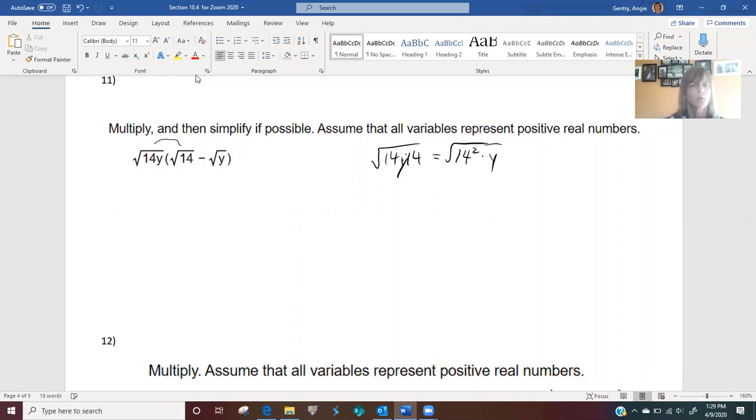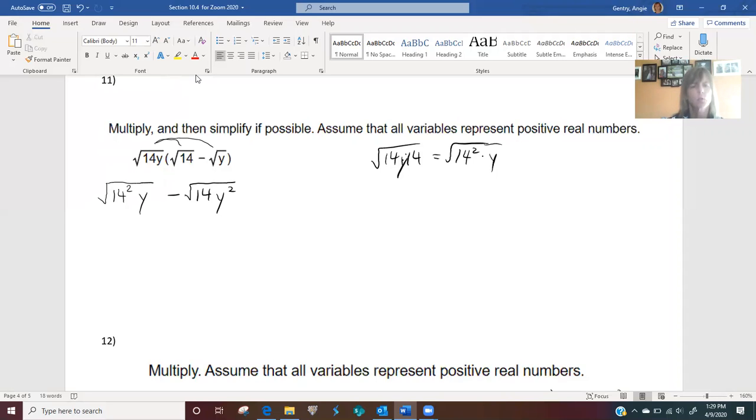So this is going to be square root of 14 squared y, and then minus square root, and then the 14 only appears once, but the y times y makes a y squared. See, you just have to be careful here. It's a little tedious. Which one of those has an exponent that matches the index?